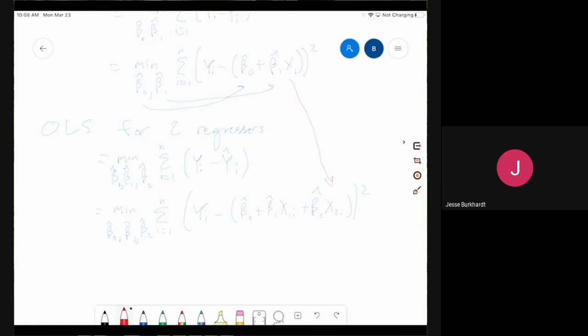So that means we have 3 degrees of freedom in this case, versus 2 before, because we have 3 parameters. That will enter into your standard error estimates, but don't worry, statistical packages will do that for you. You don't have to manually adjust that.